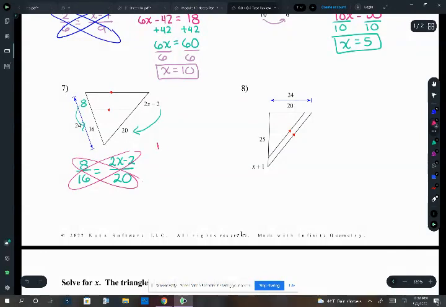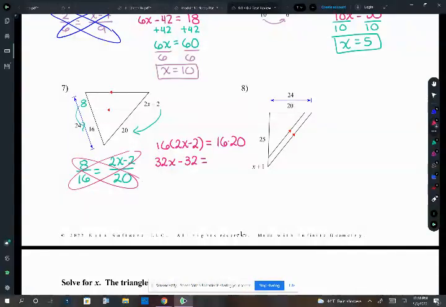So we have 16 times 2x minus 2 is equal to 16 times 20. So 16 times 2x is going to give us 32x. 16 times 2 is 32. And then 16 times 20 is going to give us 320.